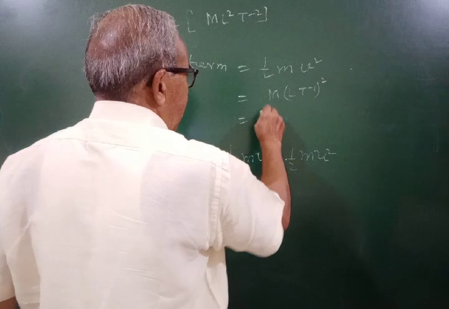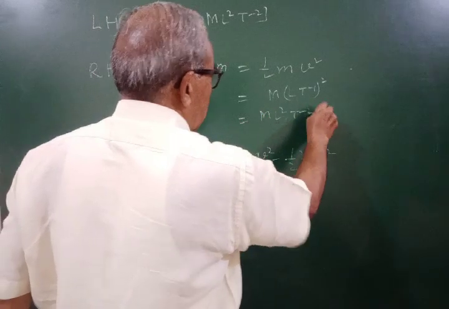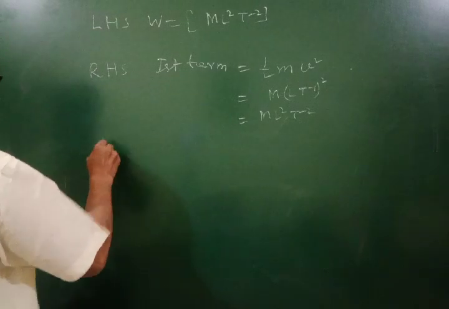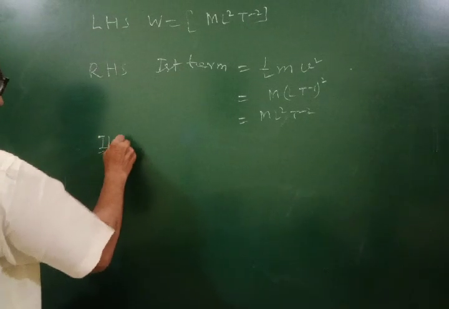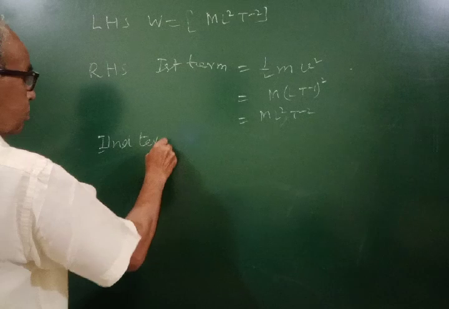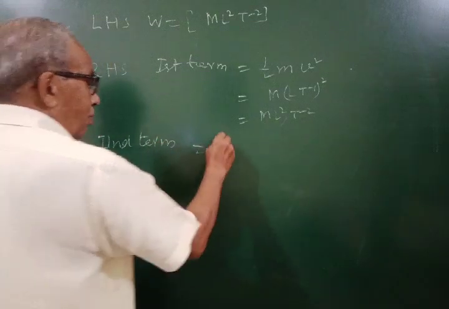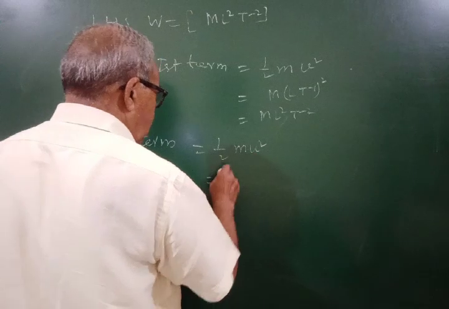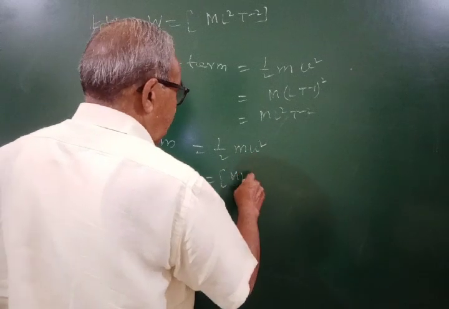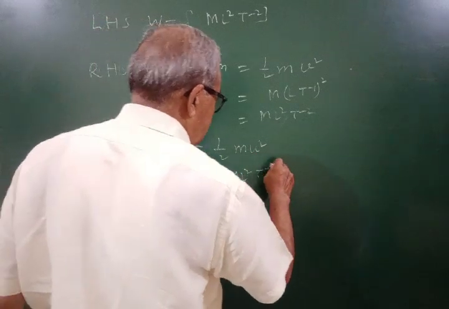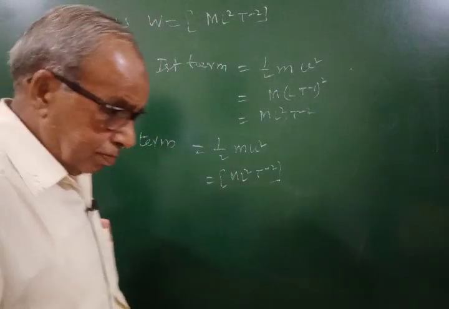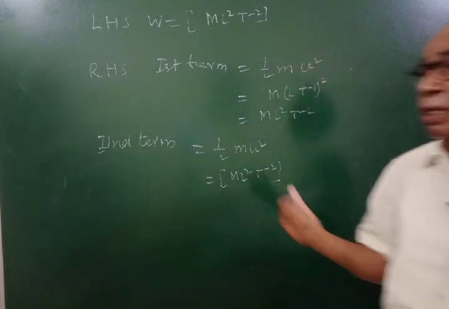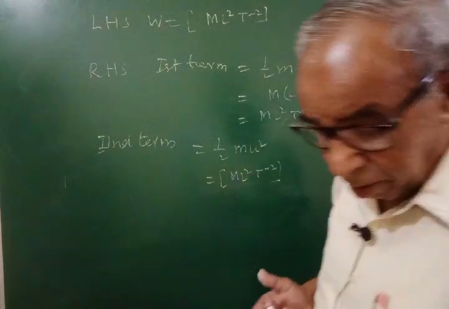So it will be M L^2 T^-2. Similarly, the second term is half mu square. M mass, u velocity, the dimension formula is the same. So every term has the same powers. In every term the fundamental quantities have the same power.